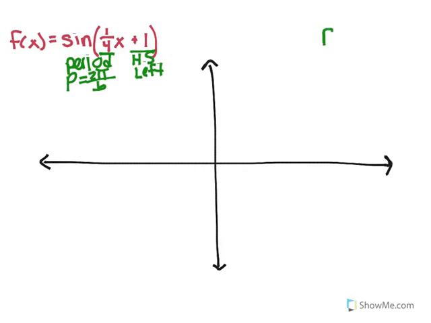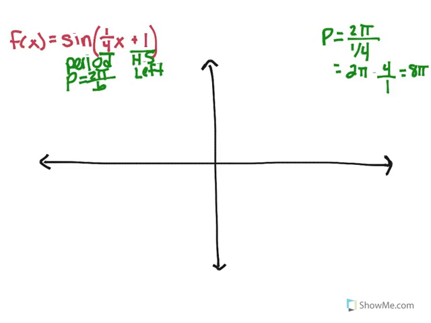So we're going to do p equals 2 pi over, in this case, a fourth, which means that when I multiply by the reciprocal of a fourth, we get 2 pi times 4 over 1, which is going to give us, holy cow, 8 pi.